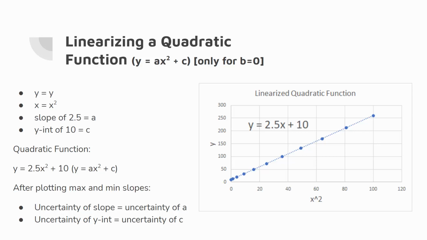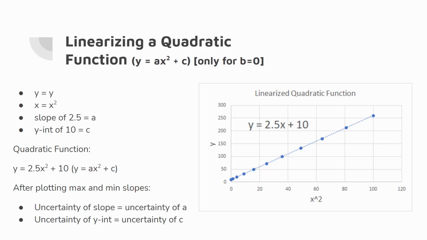The slope that Excel is giving us of 2.5 is the a parameter, right? It's the parameter that precedes what is essentially our x squared, and the y-intercept of 10 in this case is equal to our c parameter. And so we could take what Excel gives us and pretty simply rewrite it as y equals 2.5x squared plus 10, right?